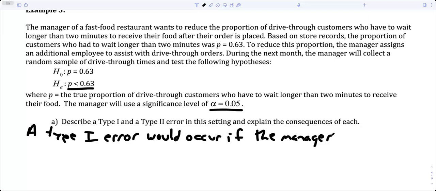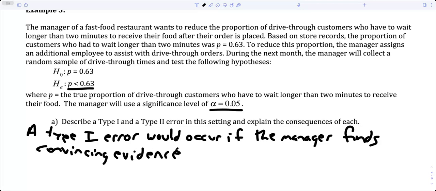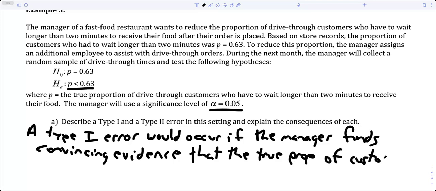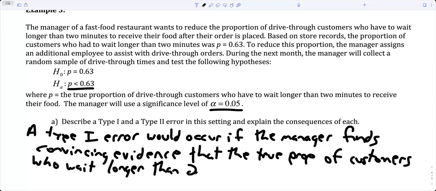So a type 1 error would occur if the manager finds convincing evidence that the true proportion of drive-through customers who have to wait longer than 2 minutes has been reduced. I reject the null hypothesis in favor of the alternative.